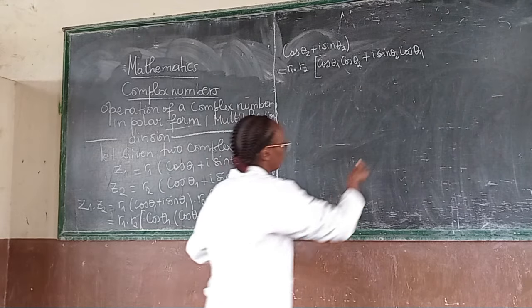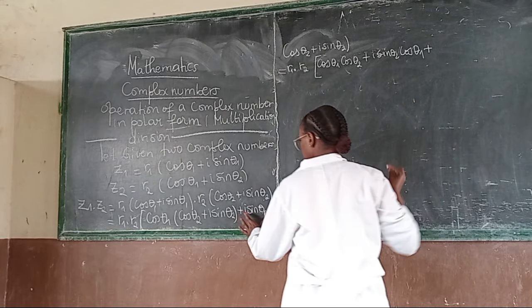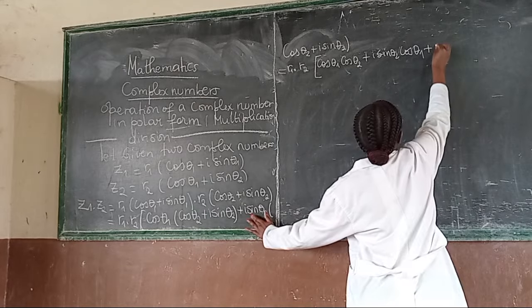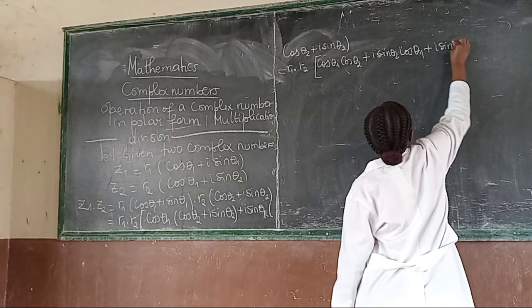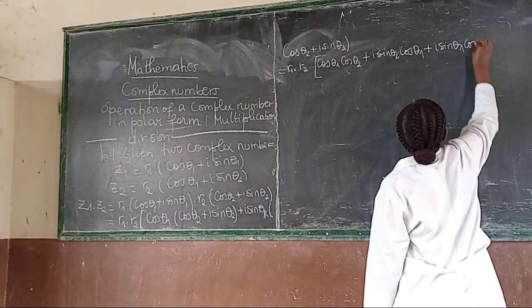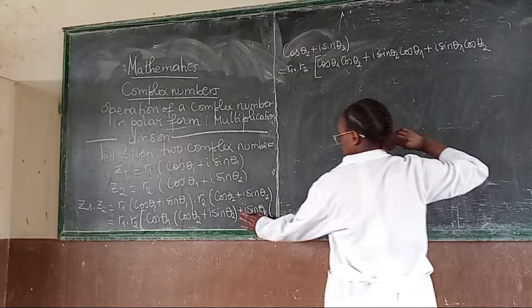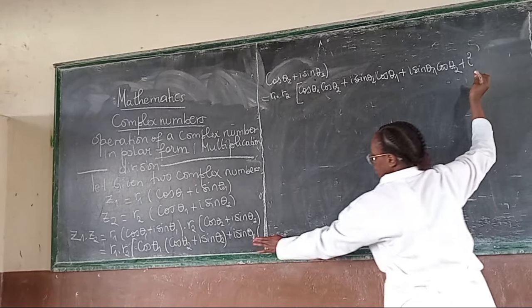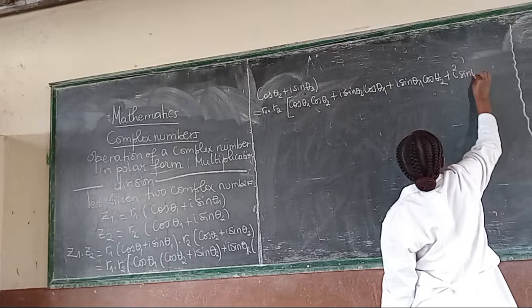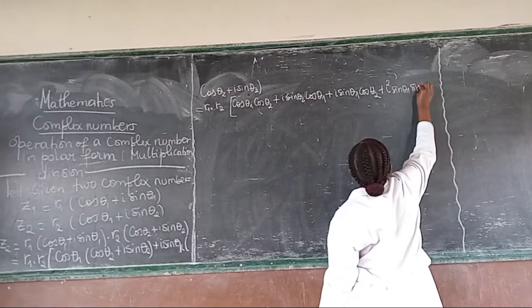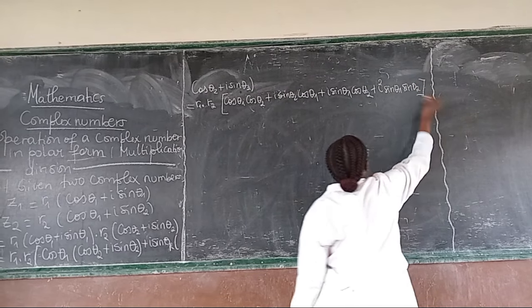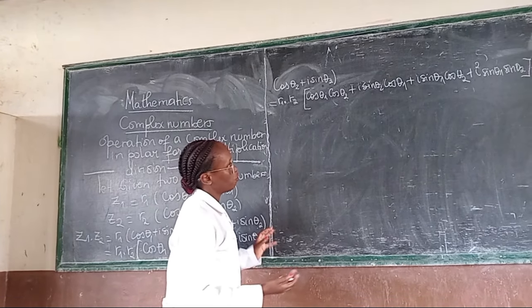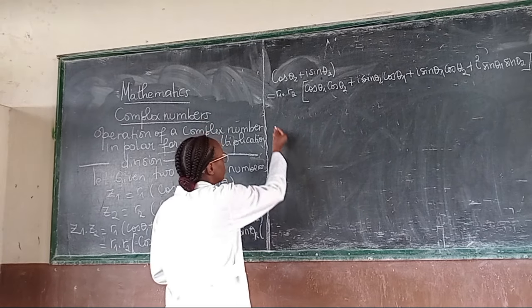Then plus i sine theta 1 multiplied through this next one, we have i sine theta 1 cosine theta 2. Then this one times this term here we have i squared sine theta 1 sine theta 2. So you see what we are going to have here. We are going to put the real part together and the imaginary part together.